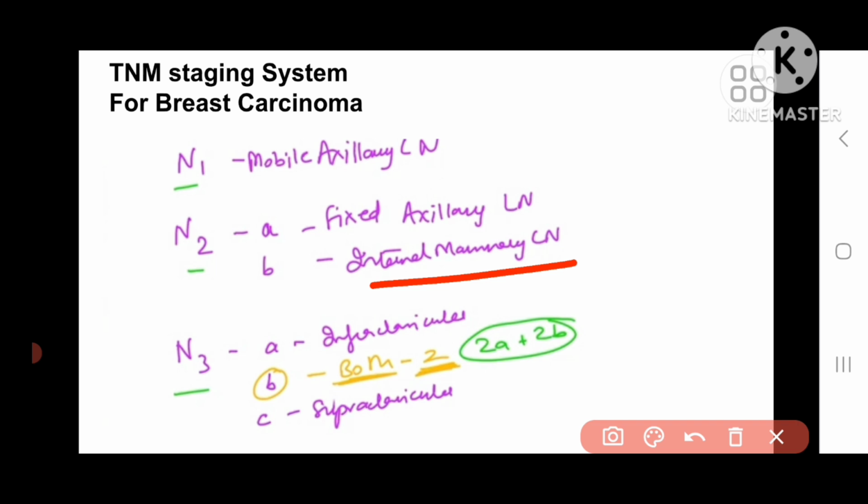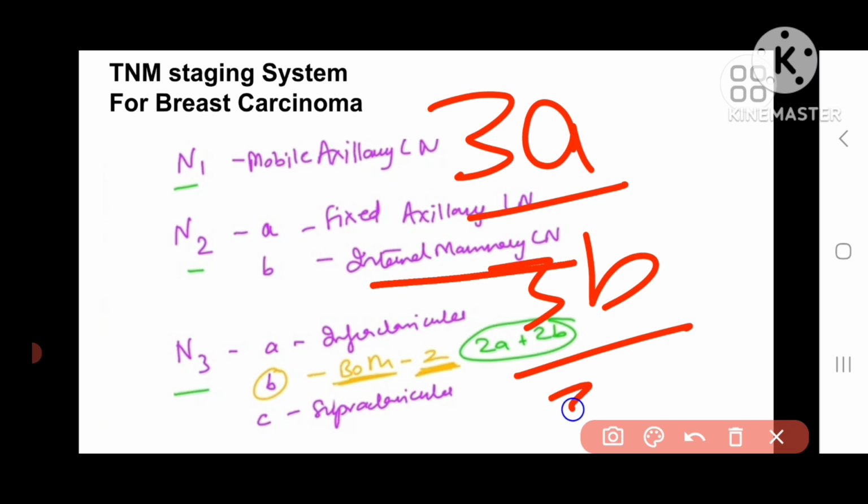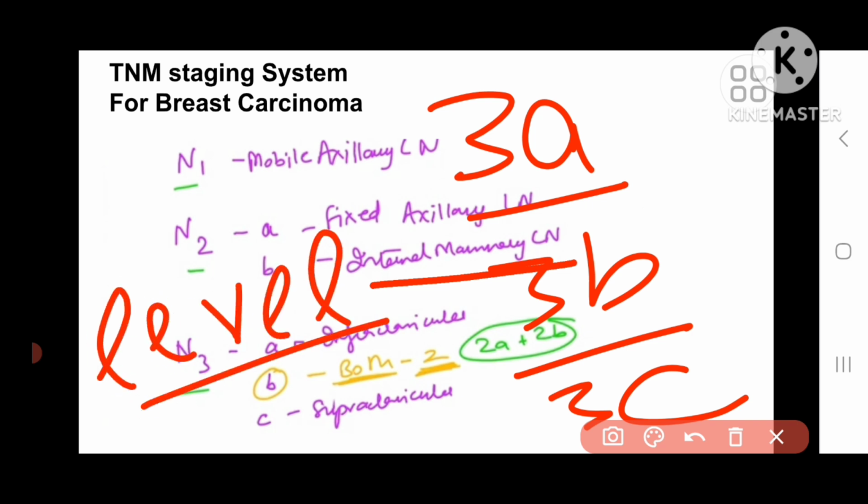N3 is further classified into three types: 3a, 3b, and 3c. N3a means metastasis to infraclavicular lymph nodes, that is the level 3 axillary lymph nodes. And N3b means N2a as well as N2b.